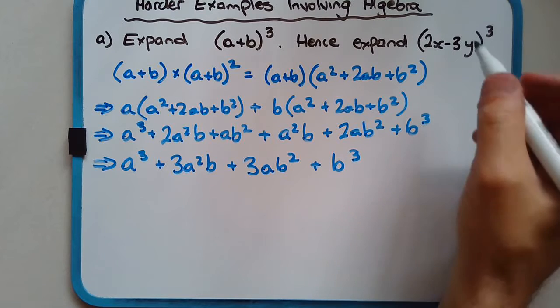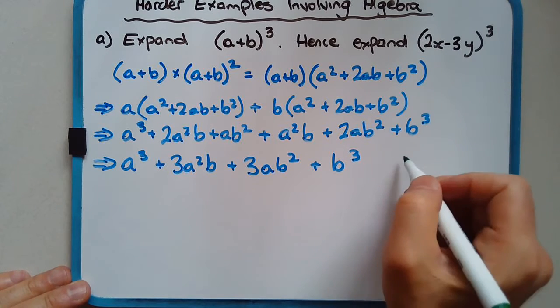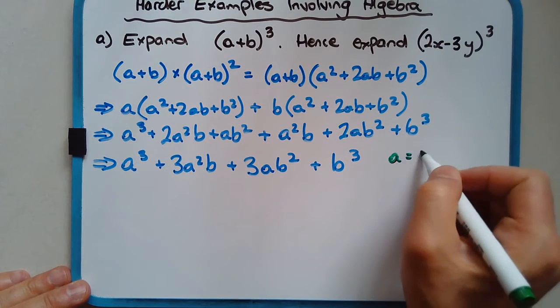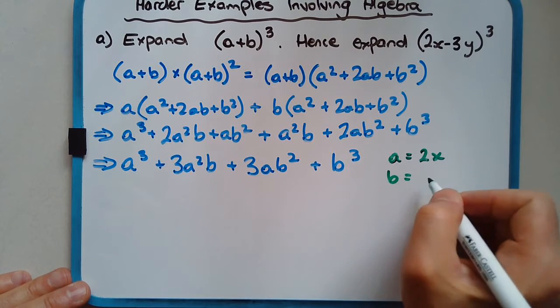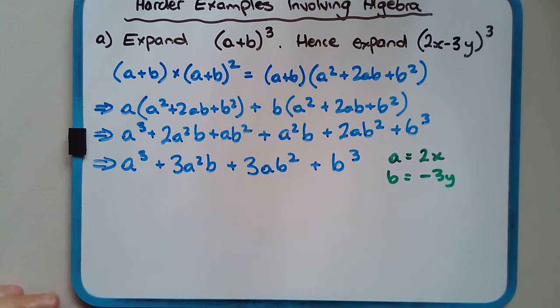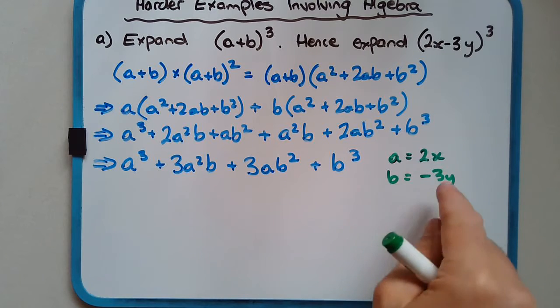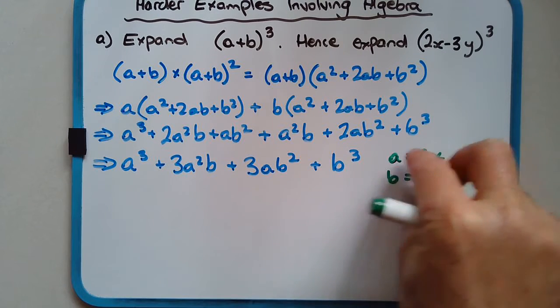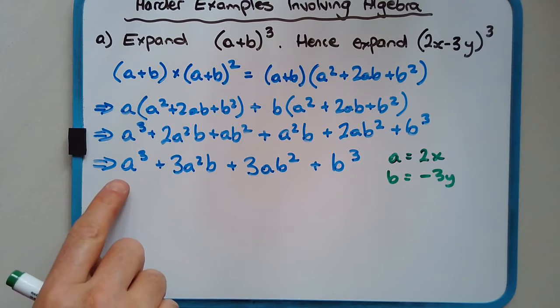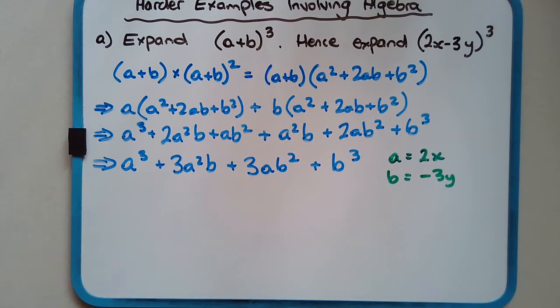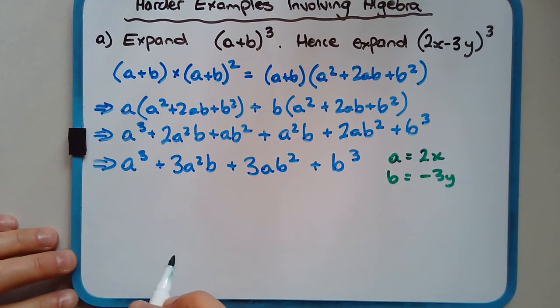So in this case, our a is going to be 2x, and our b term is going to be negative 3y. So what we're going to do is substitute these two terms in for a and b in the previously expanded expression.